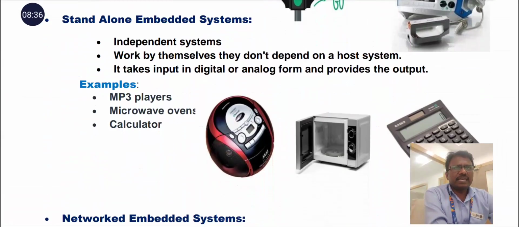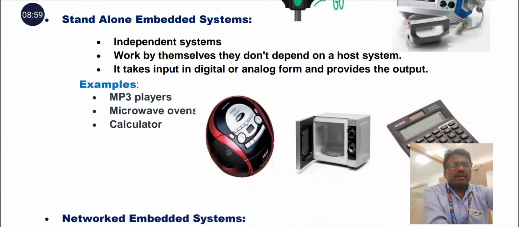That is, a standalone embedded system works independently without depending on other computer or host system. It accepts analog or digital inputs, processes them internally, and produces the required output. Examples: calculator, microwave oven, MP3 player, etc.